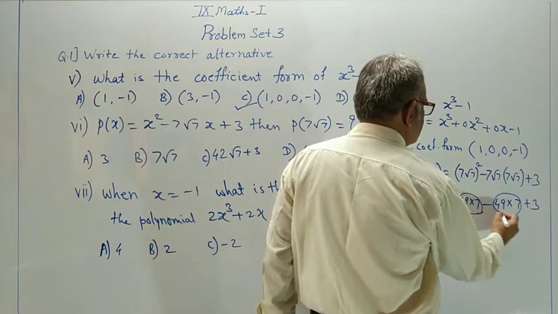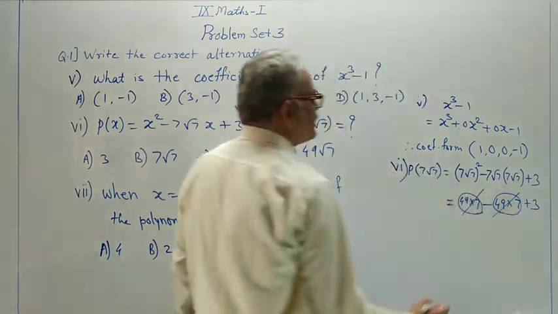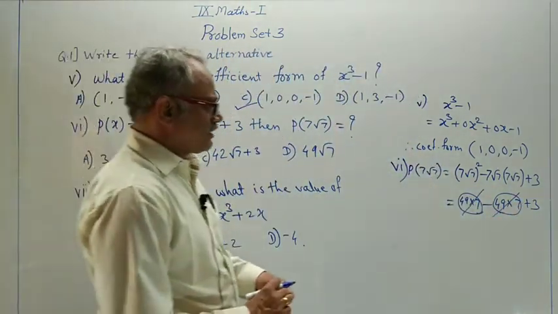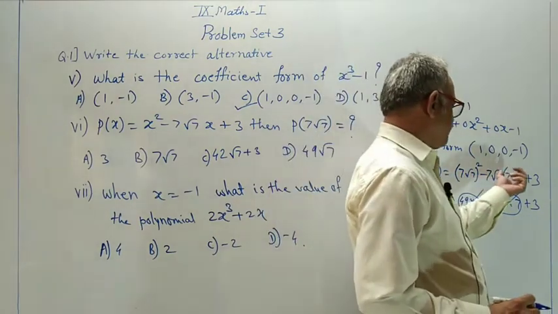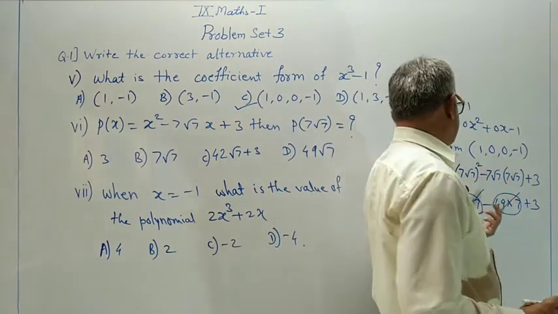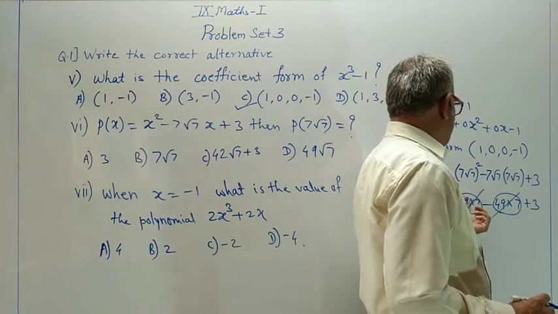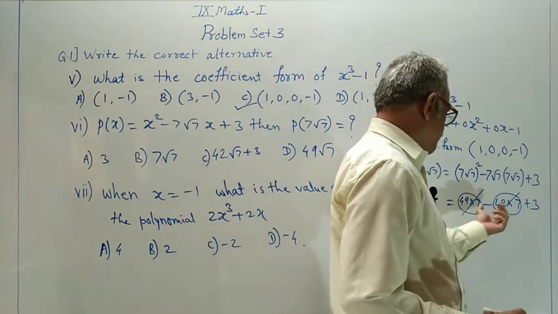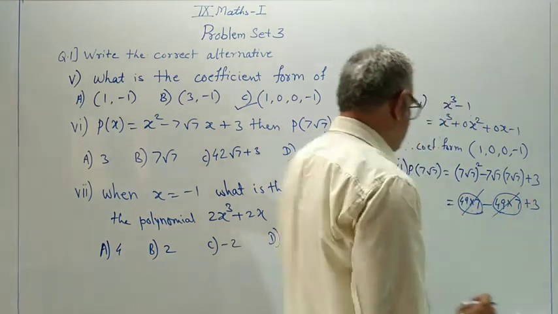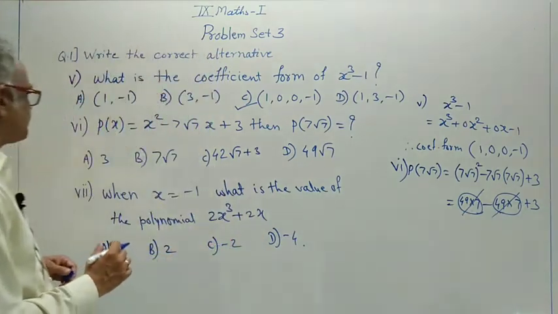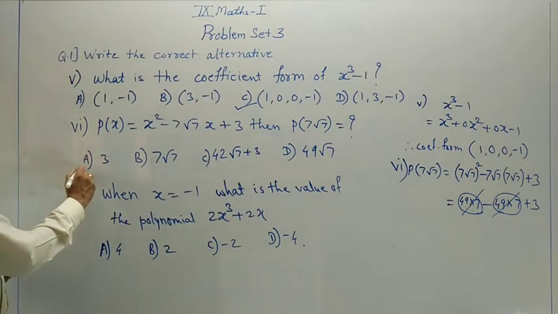This is plus and this is minus, so they cancel. 343 minus 343 cancels. What is the answer? Plus 3. So the answer is 3.